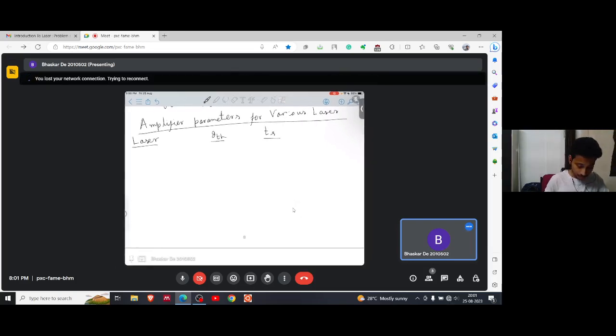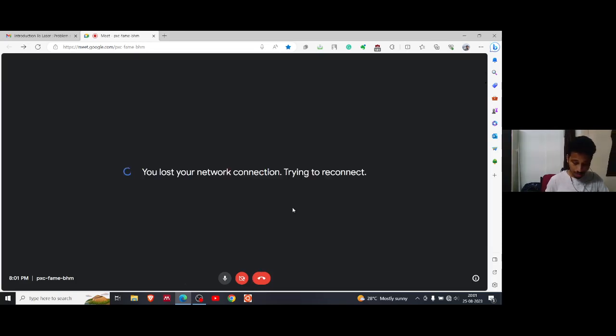Helium neon laser, which is the most common laser.